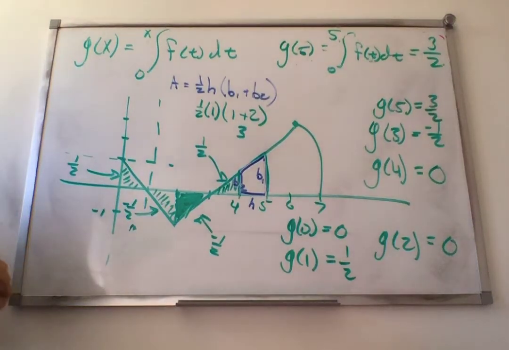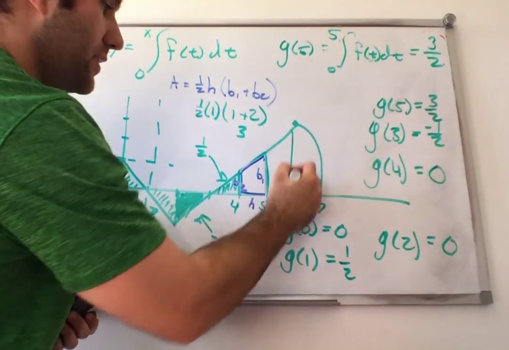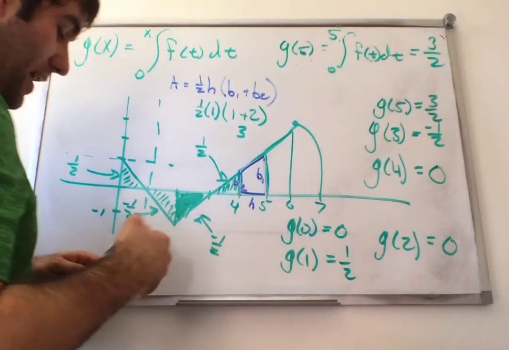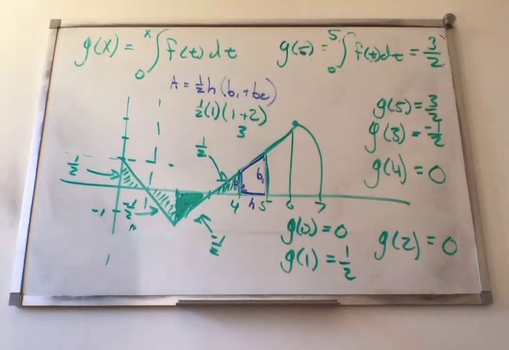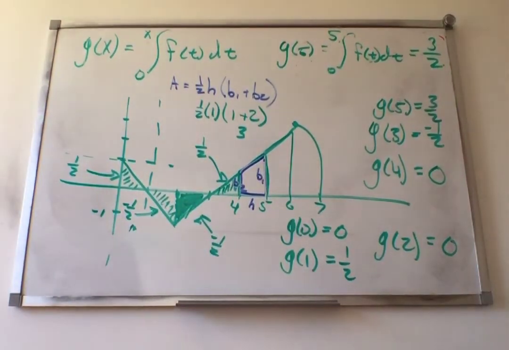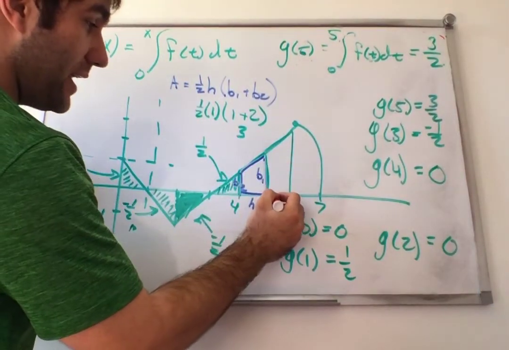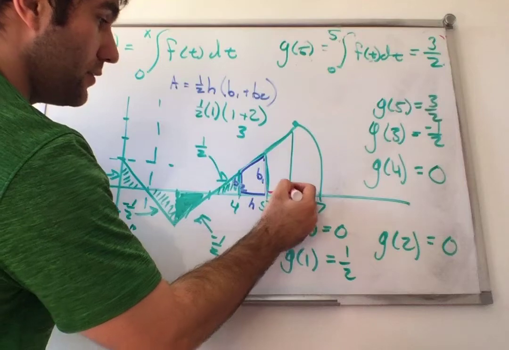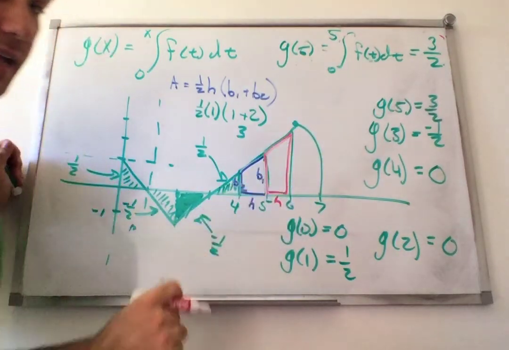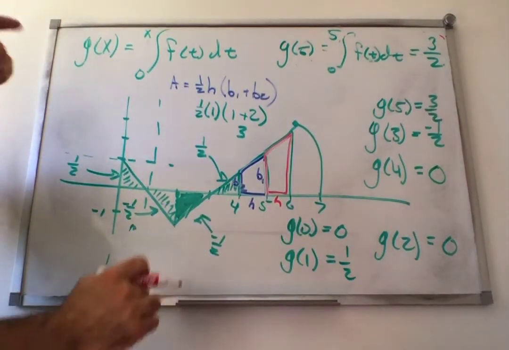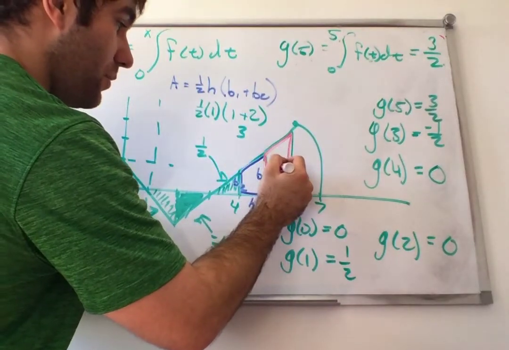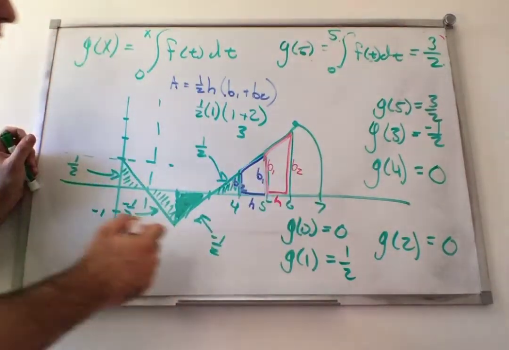And lastly, it asks us to do g of 6. Again, that is another trapezoid. So you need the area formula for a trapezoid. The height right here is 1. All the heights are 1. This is B1. This is B2.